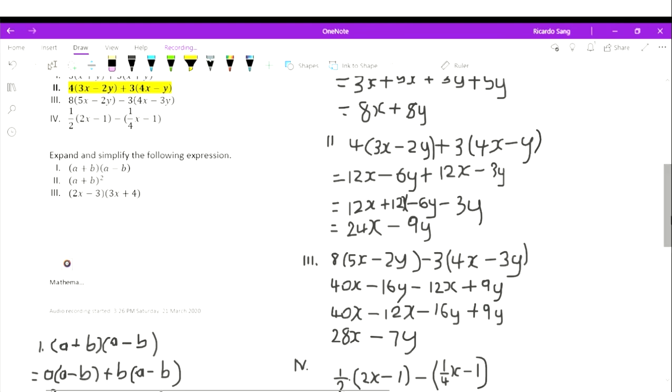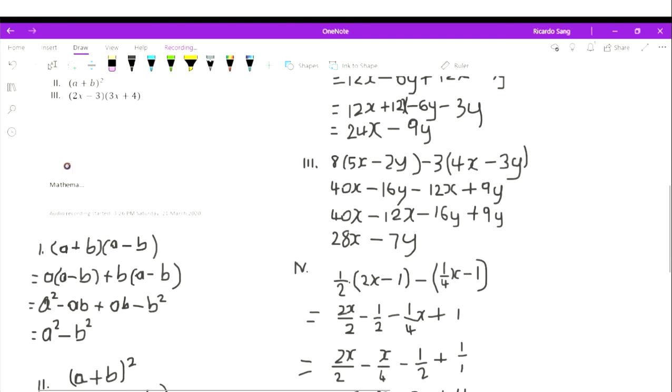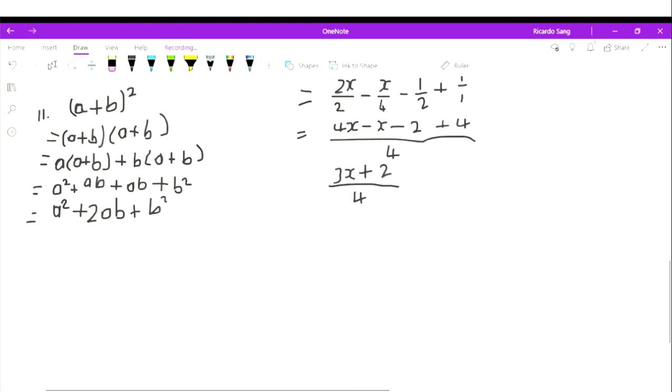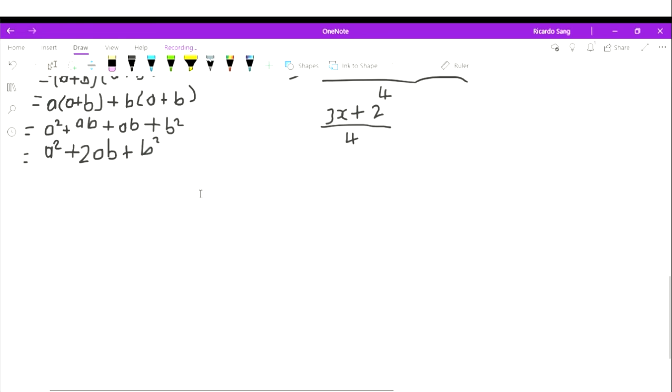All right, so that one is (2x minus 3)(3x plus 4). So let's look at that one. Let's write it somewhere down at the bottom here so we can solve it. So this will be number, I think this is I, right?